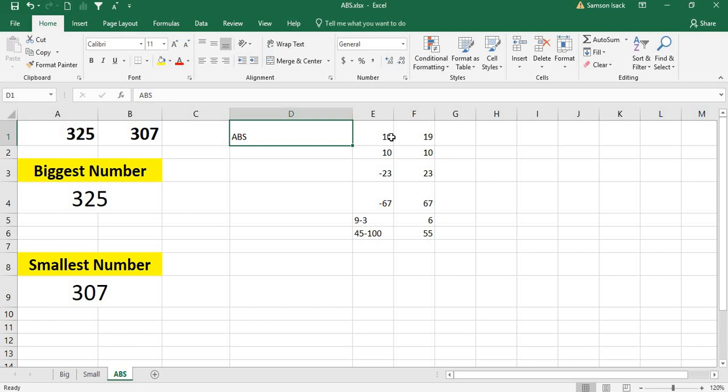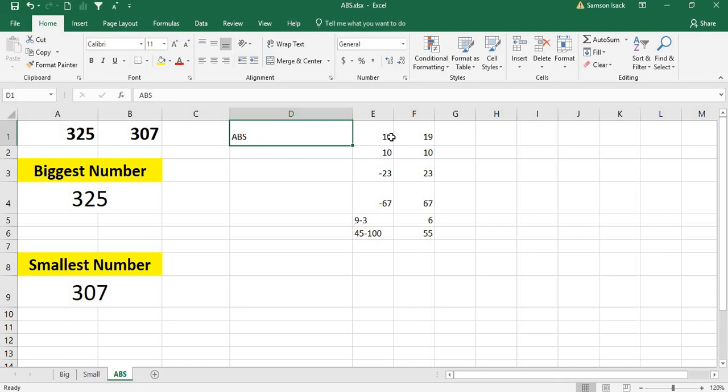Or in accounts, you may use it for credit and debit calculations. You may have a negative value, but you want to ignore the negativity and add them up and say it is this much of credits, or this much of debits, or whatever.